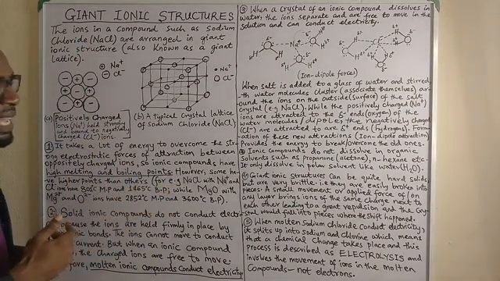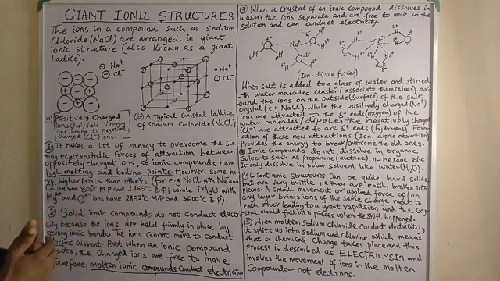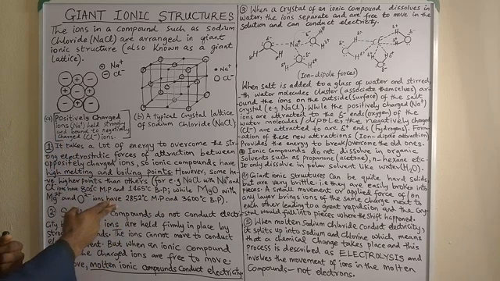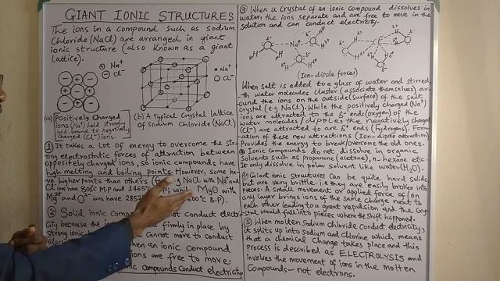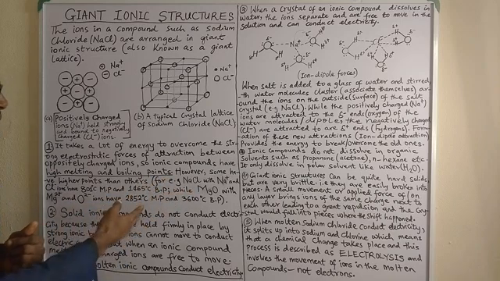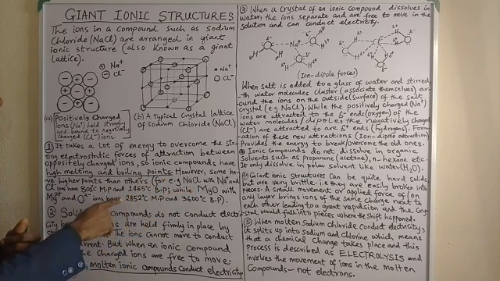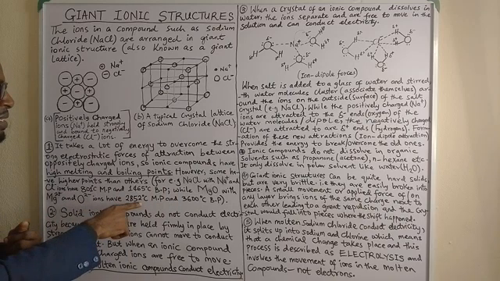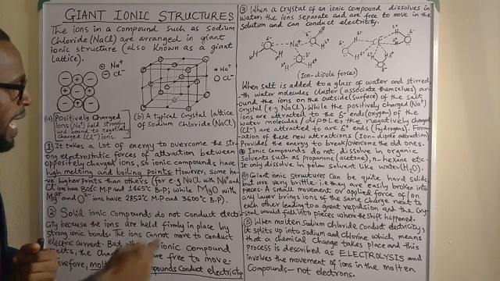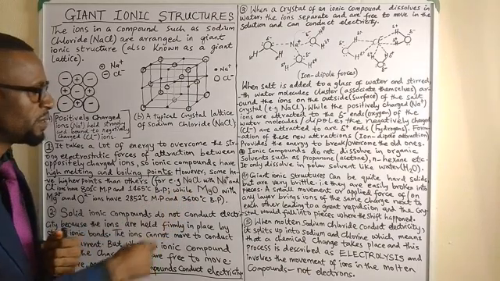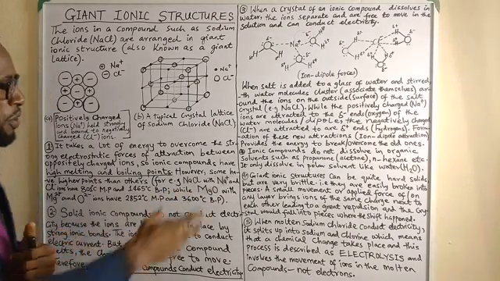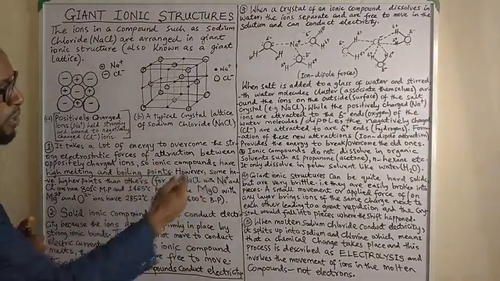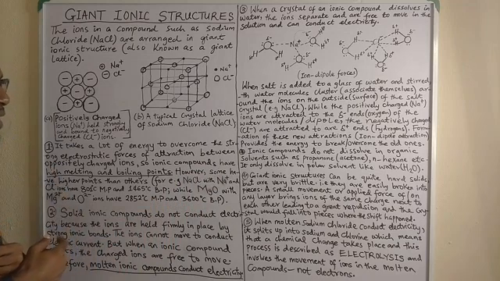Because magnesium oxide has a higher magnitude of charges, which is 2 in both ions, you discover that, of course, it has high melting and high boiling points. So where you have magnesium oxide having 2,852 degrees Celsius as its melting point and 3,600 degrees Celsius as its boiling point, you have sodium chloride that has a 1+ sodium ion and a 1- chloride ion.